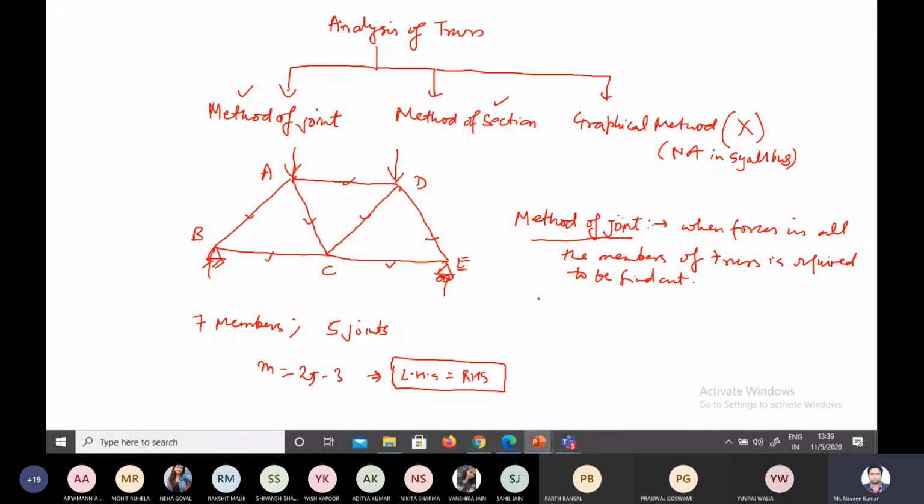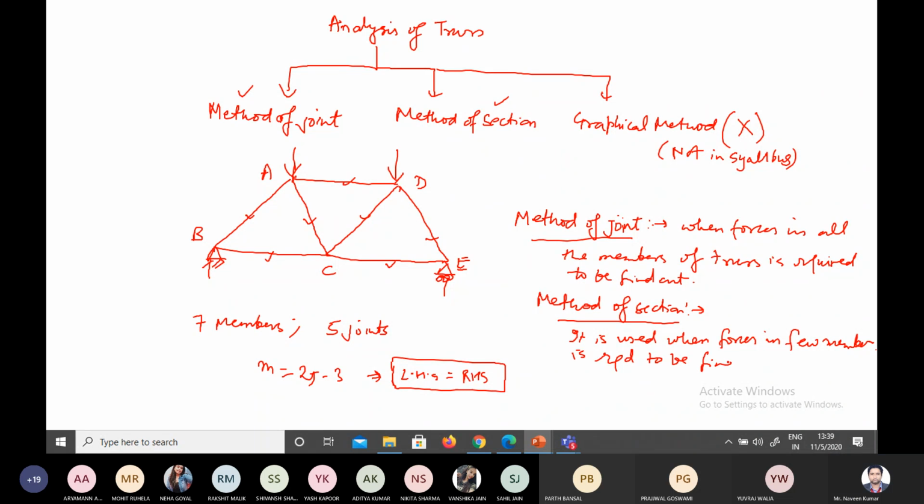And method of section, when do we use it? I am writing it also here. It is used when forces in few members are required to be found out.